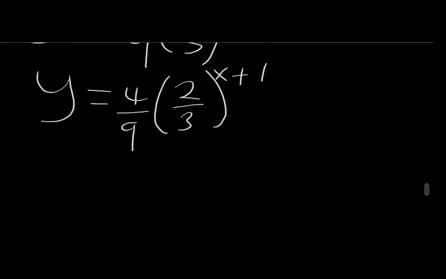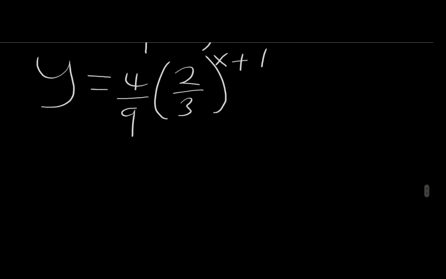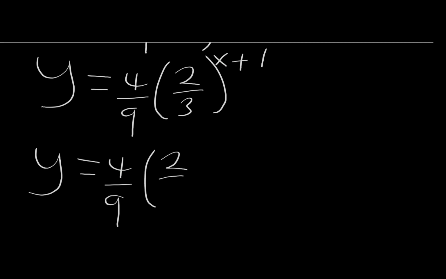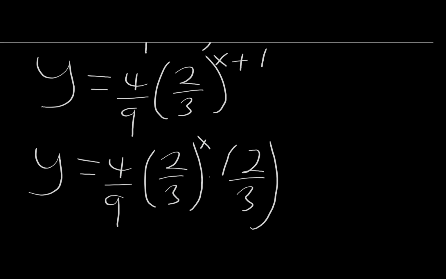So I now have y is equal to 4 divided by 9, and this multiplying 2/3 exponent x minus -1. I will have x plus 1. That's good. Now, let's simplify to have y is equal to 4 divided by 9, and this is multiplying 2/3 exponent x times 2/3 exponent 1. So I'm using lots of indices here.